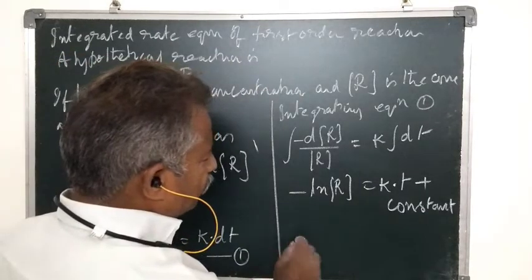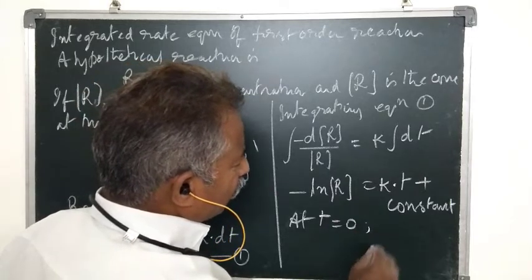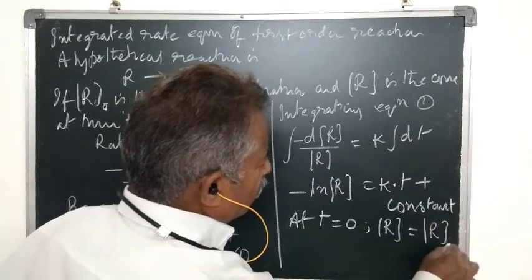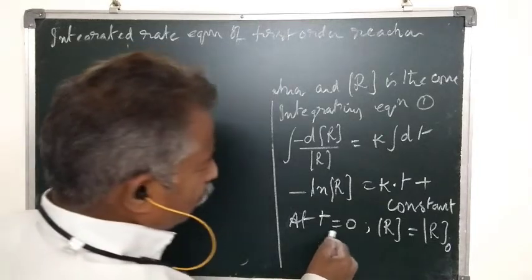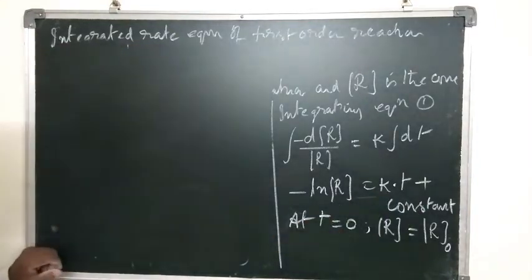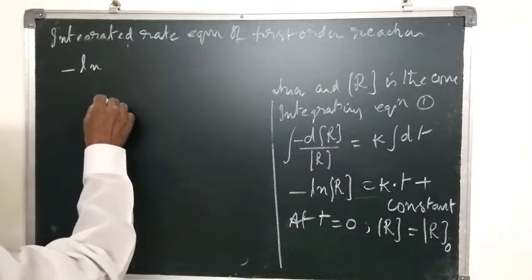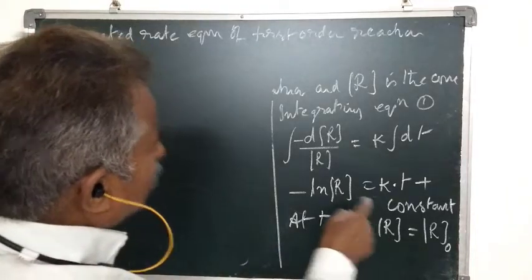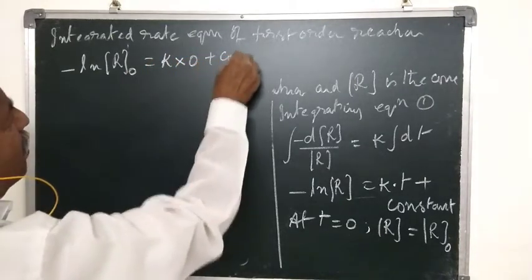We know that at time t equal to 0, the concentration of R is nothing but R0, the initial concentration. So when we substitute t as 0 in this equation, in place of R let us keep R0: minus ln R0 equals k into time t, which is 0, plus constant.